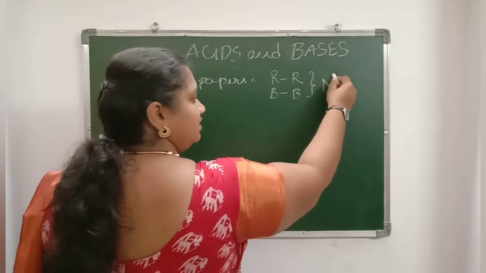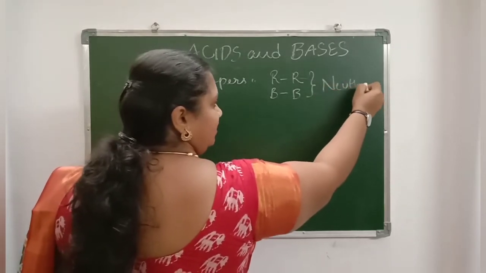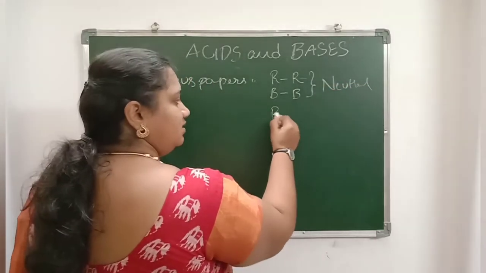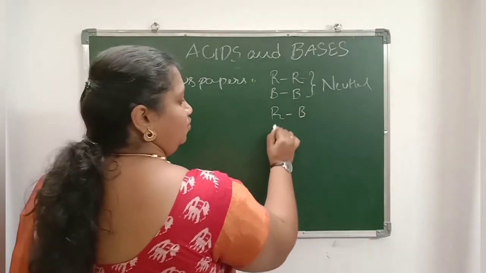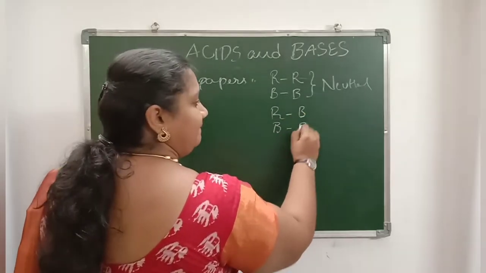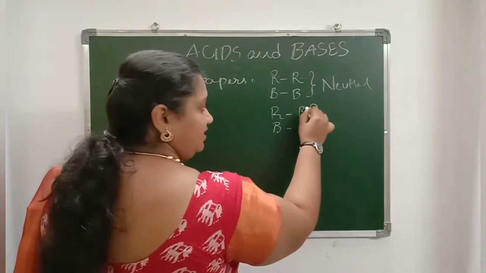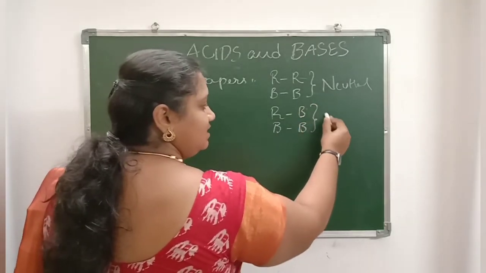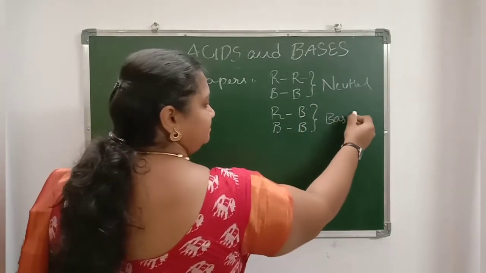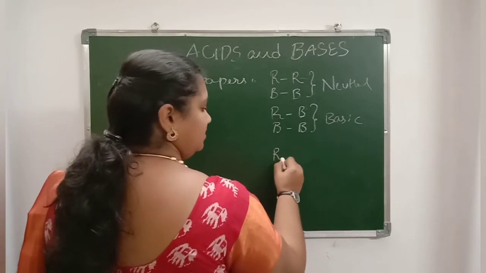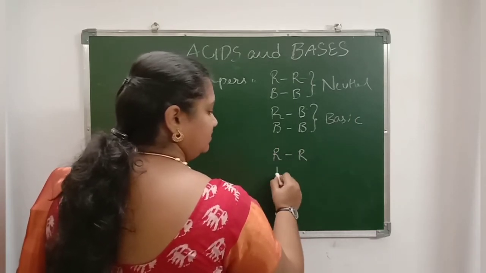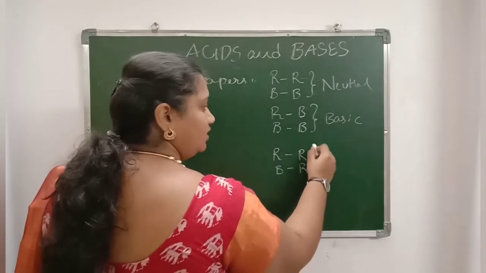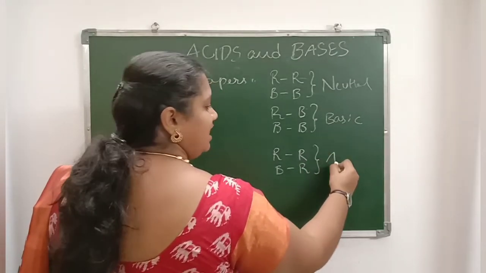What is this? Neutral. Next, red to blue, blue to blue. At last you are getting blue, it is basic. Next, red to red, blue to red, it is acidic.